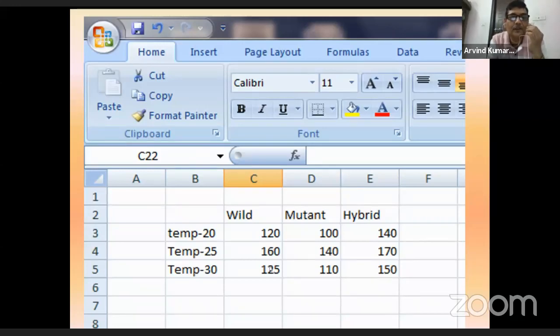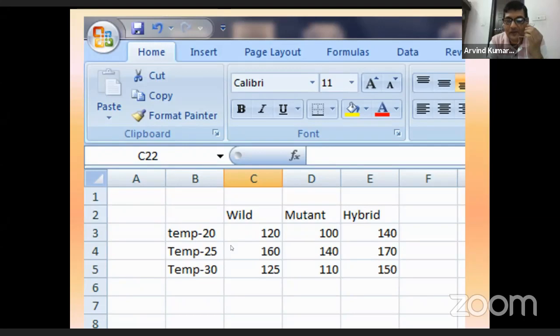So 3 different kinds of stocks are there, and they have been reared at 3 varying temperatures. We have to see whether the number of eggs produced by females of these 3 stocks varies significantly, and whether temperature, whether 20, 25, or 30 degrees, also influences the number of eggs laid by the flies.